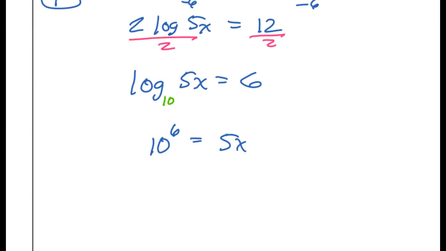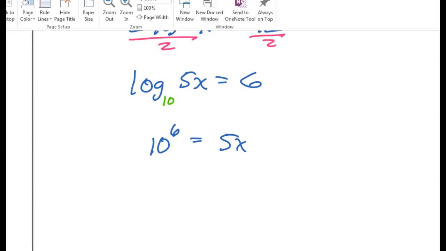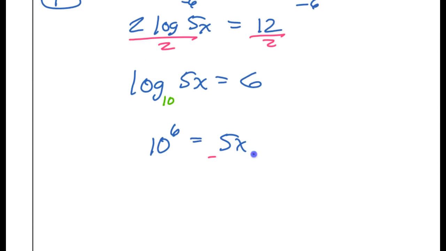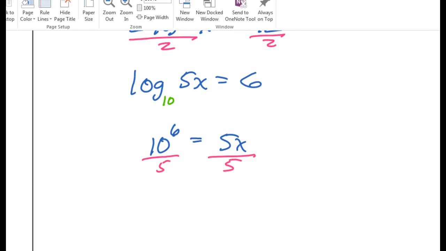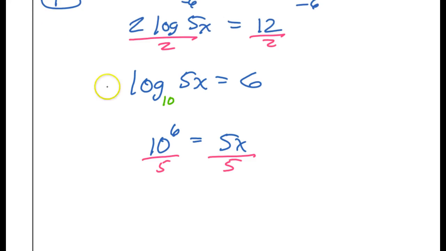Well, you know what? I'll show it both ways. In the end, we need to divide both sides by 5. So some might write this as your final answer: 10 to the 6th power over 5 is equal to x.